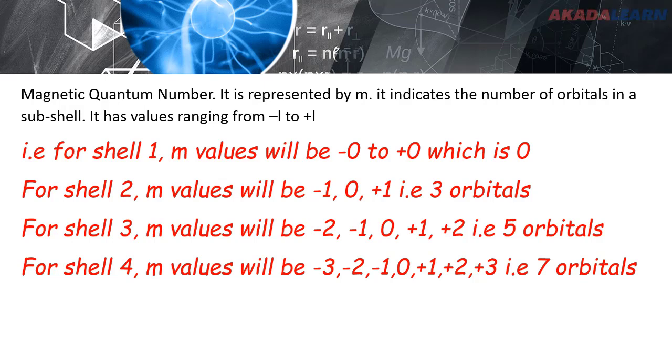And for the fourth shell, which has 7 orbitals, when each of them contains 2 electrons, you have a total of 14 electrons, which is the maximum number of electrons that that orbital can carry.